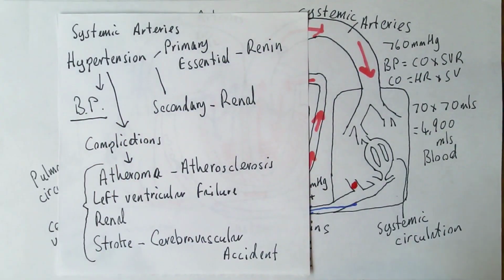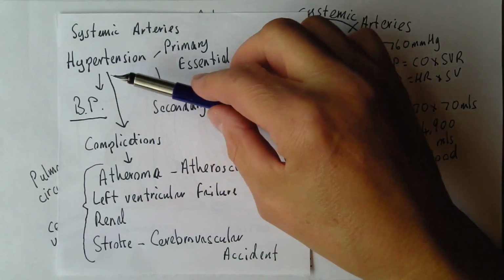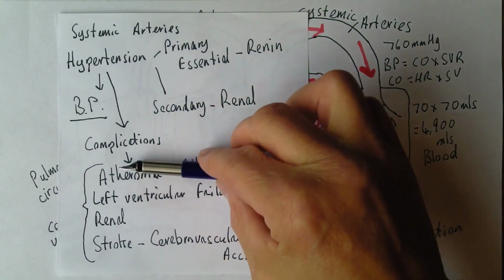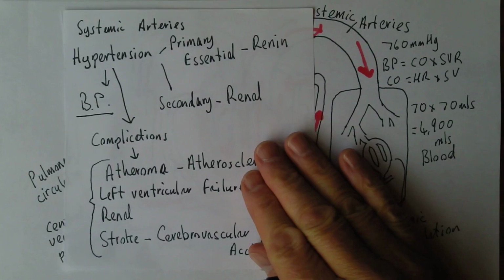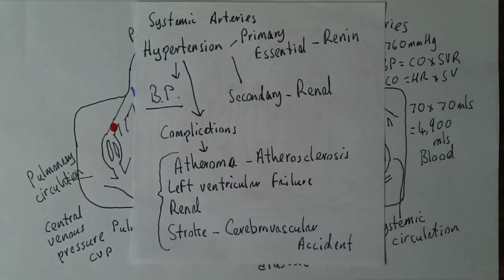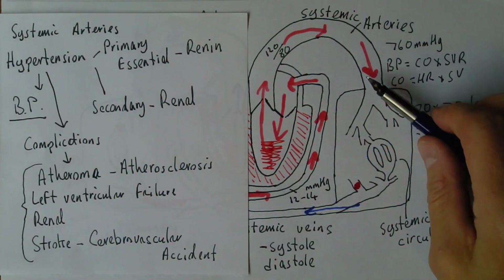Now, if you recognise the hypertension and treat it, you can prevent these complications and other complications. There's many more complications. Dementia, for example, is more common. So you can prevent this as long as you detect it. So that is one condition affecting the systemic arteries.